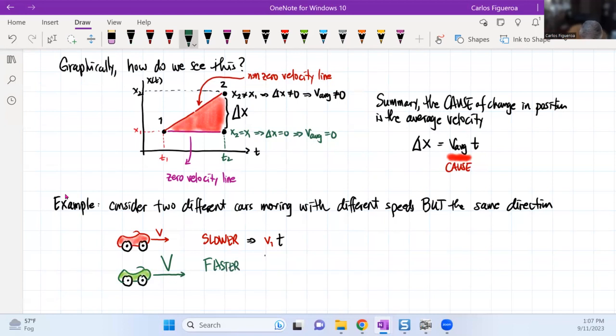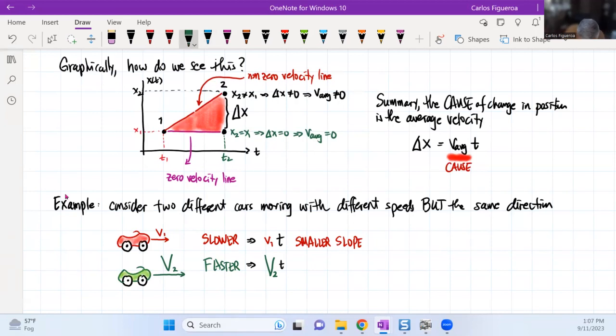So that tells me that its slope should be higher. So again, if it's slower, it has to have a smaller slope.